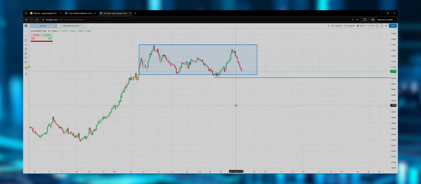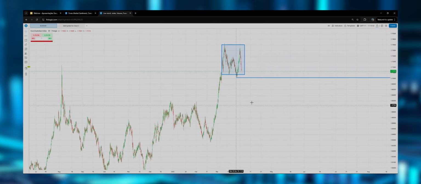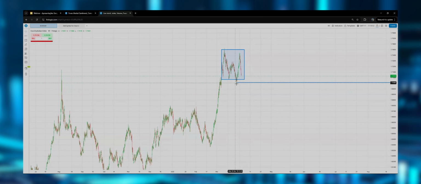So I would wait for this confirmation until we get some extra on that. And then we can maybe short the market if we break down here, because we haven't broken the top.